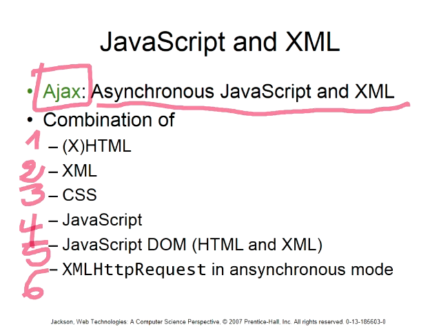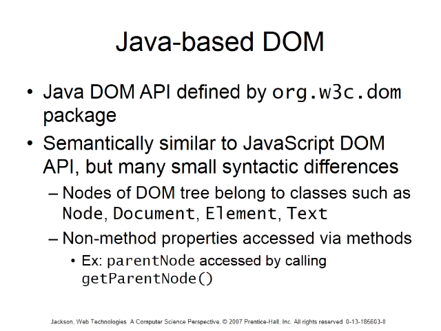I will skip this example, and I want to explain that Ajax, asynchronous JavaScript and XML, is not a language and is not a technology, but it is a combination of many technologies like HTML, XML, CSS, JavaScript, JavaScript DOM, and XML HTTP request in asynchronous mode. It's clear for you?